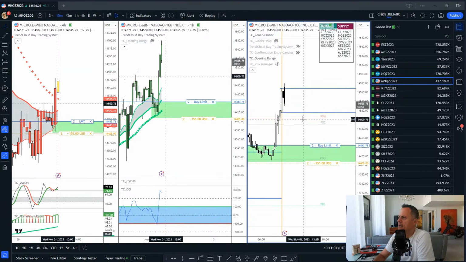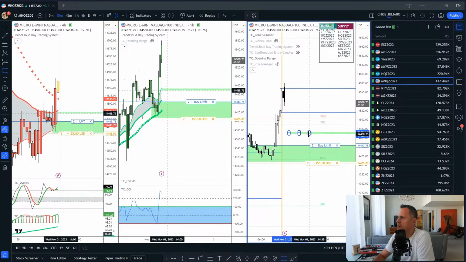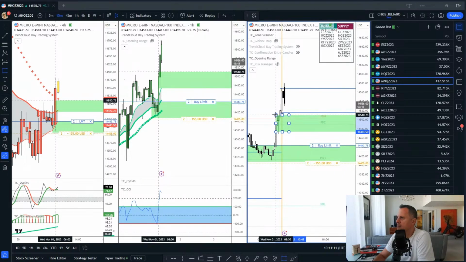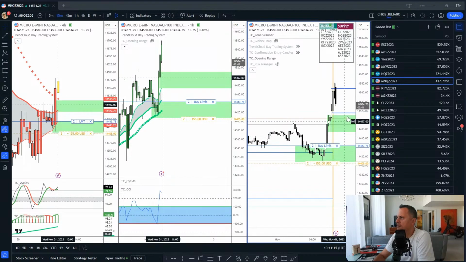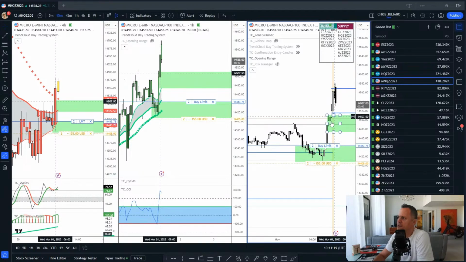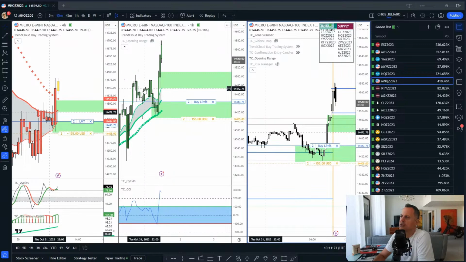Or it could come back into this area. But the reason why I don't really care for that is because all of this took place sort of above that break of structure, right?